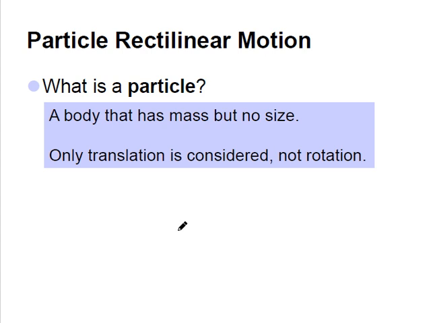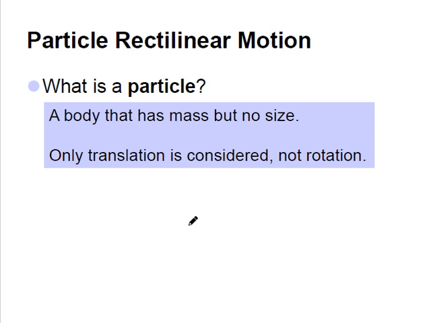Alright, so this is kind of like a review, yeah? So we're gonna break down particle rectilinear motion by starting with a very simple question, yeah, making you think. So what is a particle? So like we studied in chapter 1, yeah, a particle is basically something with mass, right? But no size.